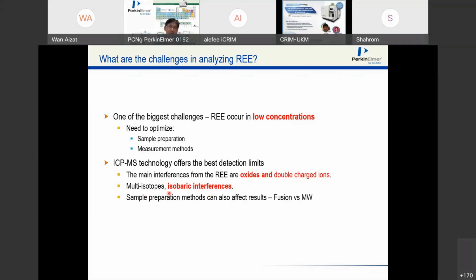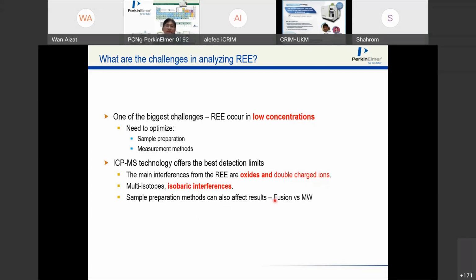There are a few techniques of doing it, like fusion versus microwave. After you fuse it, it can be analyzed by X-ray, and the same fuse bit can also be put into laser ablation ICP-MS. Because just now we mentioned that ICP-MS can analyze liquid samples.